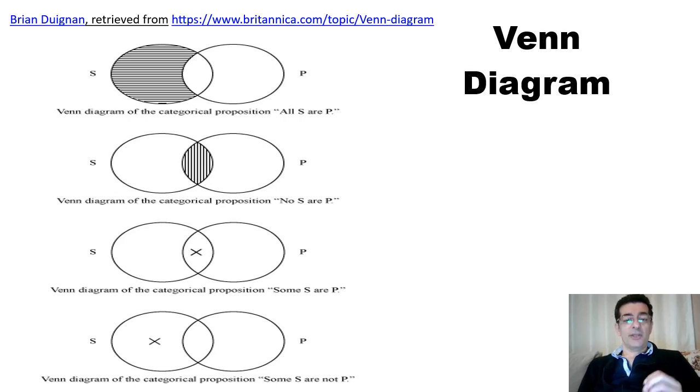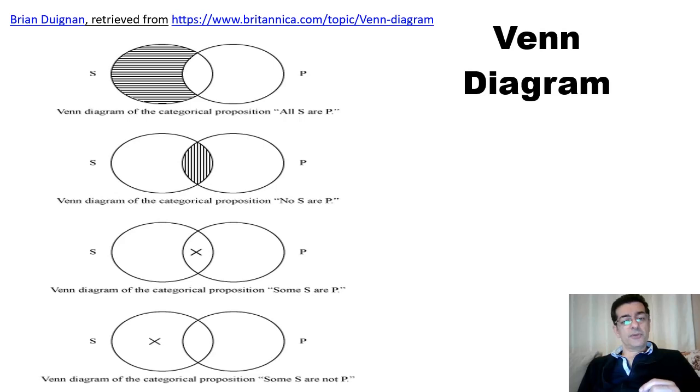No. The part intersecting with the P circle. Now look at the second picture. Which part is shaded? Yes. So it means the overlapping part should not be included. Now, what is the claim? The claim is no S are P, as you can see right below the circles.